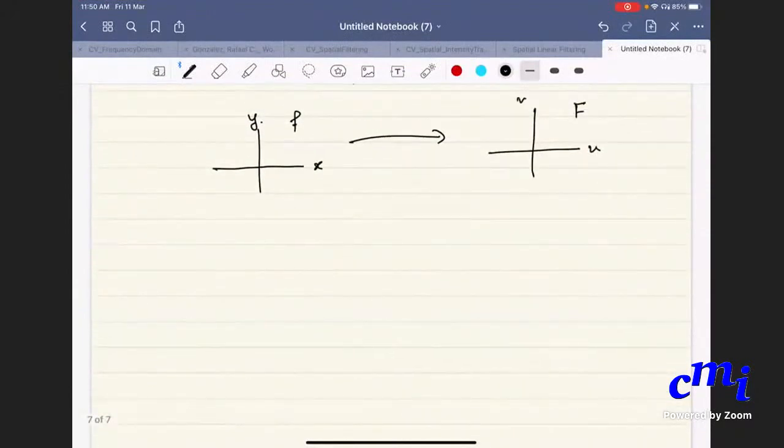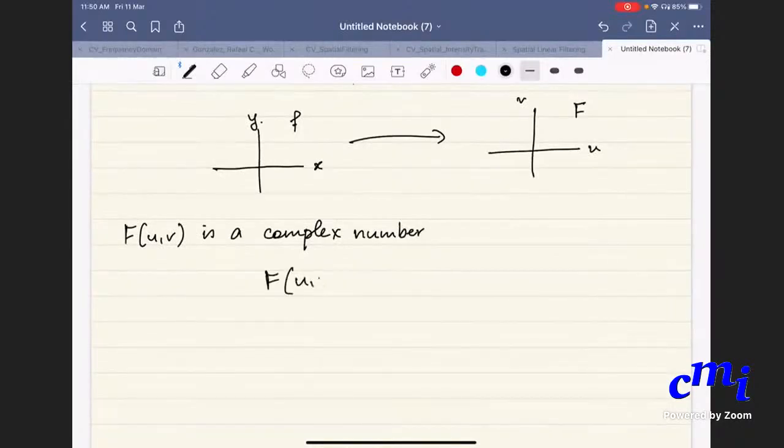So let me just write this down. F(u,v) is a complex number. So you can write F(u,v) as R(u,v), the real part, plus i times I(u,v), that is the imaginary part.